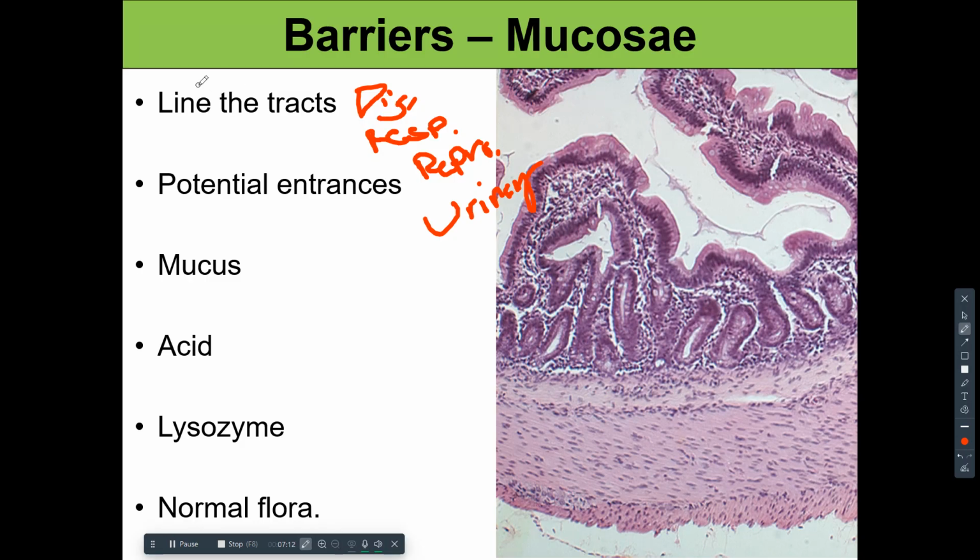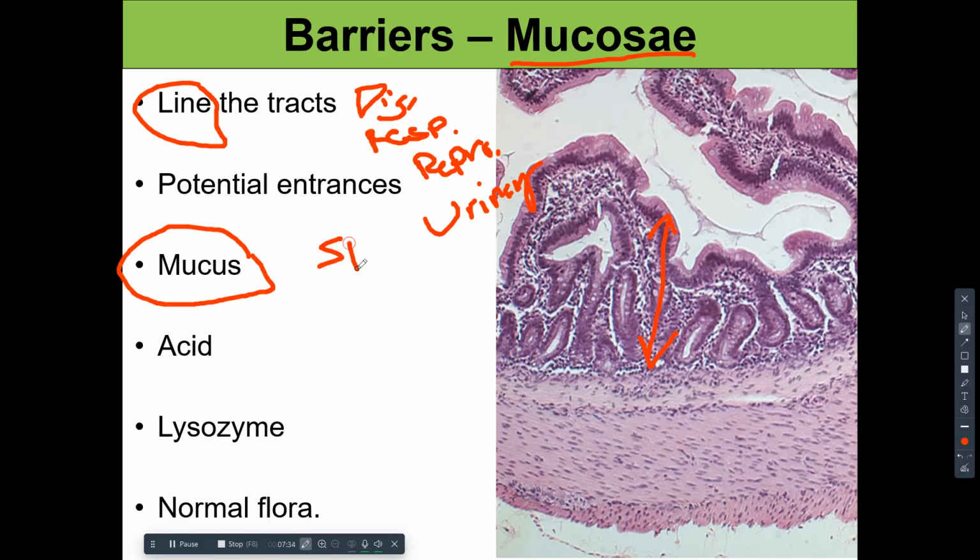All of these tracts are lined by these things called mucosae. This is a mucosa right here, lining the intestine, so the digestive tract. Mucosae are called mucosae because they are membranes lining the tracts, and they are constantly making mucus.